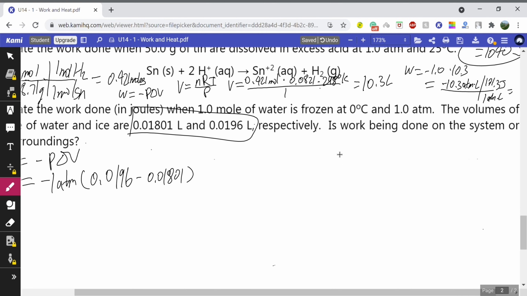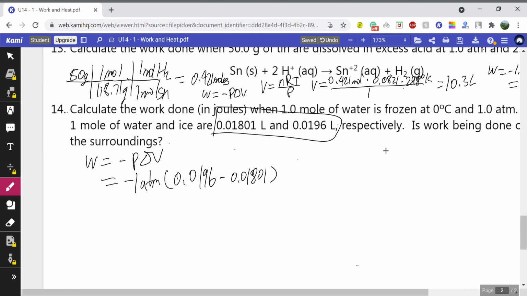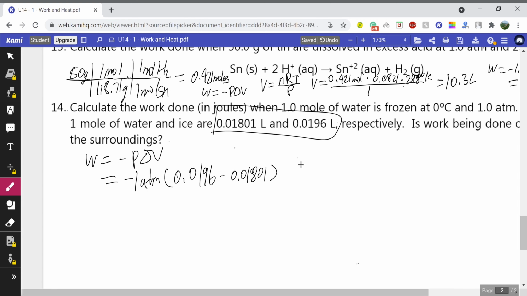Well, let me make sure. Alright, yep, this is the change in volume, and the unit for this is liters. So this is going to be 0.0196 minus 0.01801, which is equal to negative 0.00159 because of the negative 1.